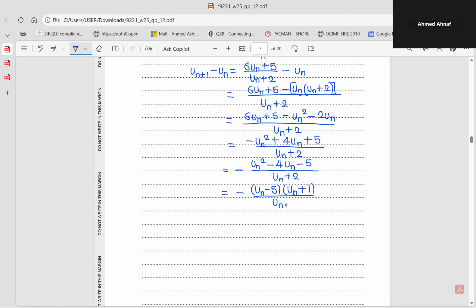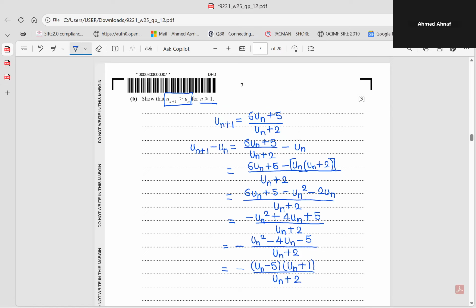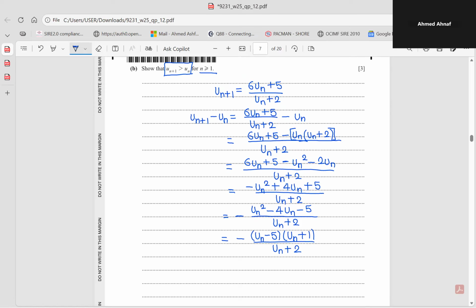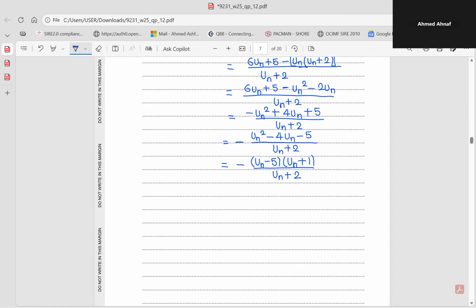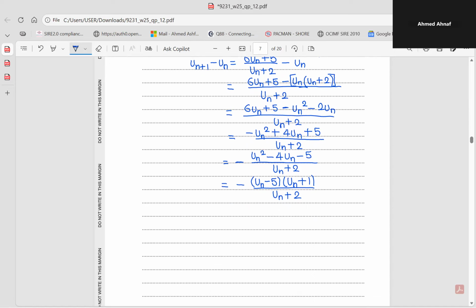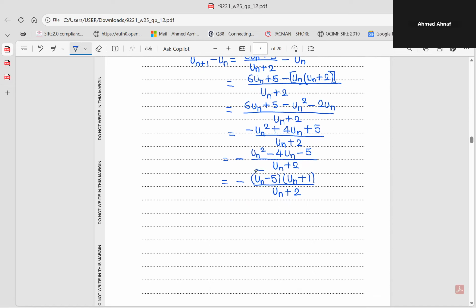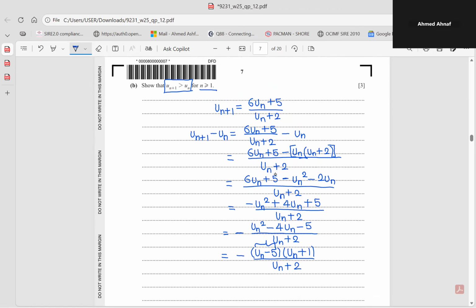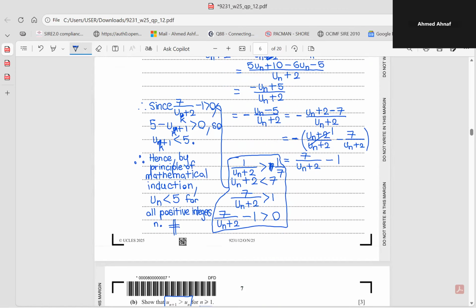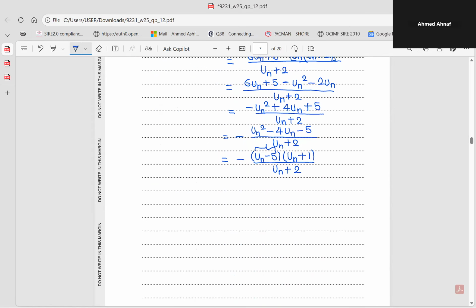over un plus 2. Let's try to prove whether this is less than or more than 0. We proved in the previous part that un is less than 5.